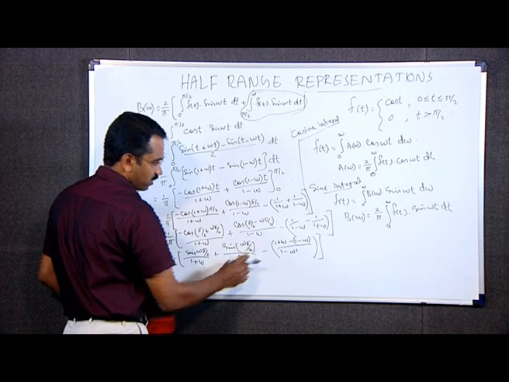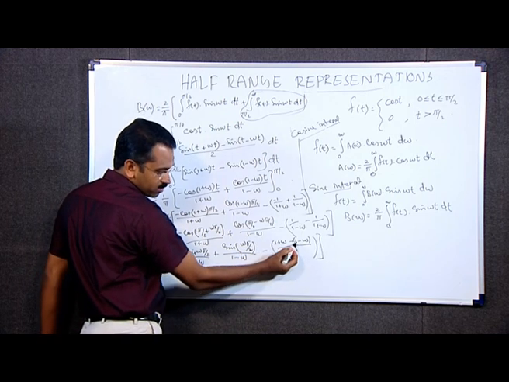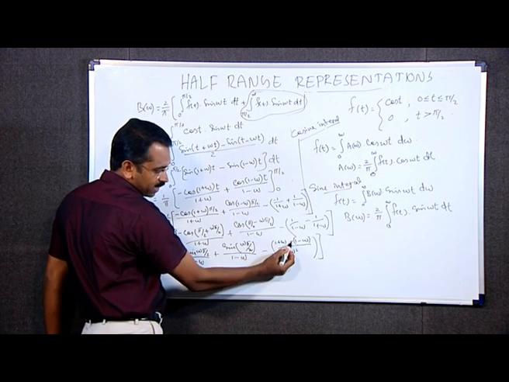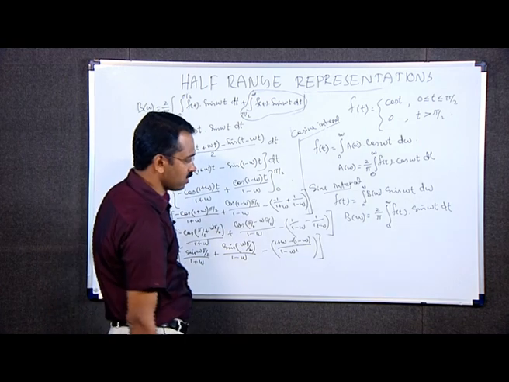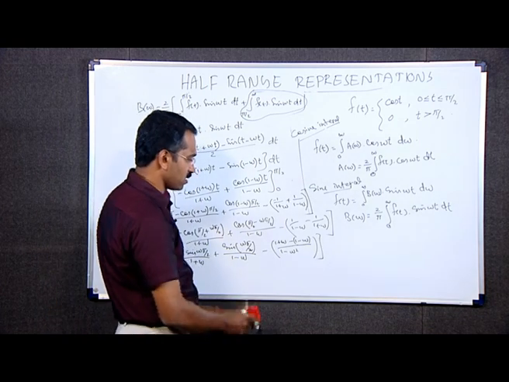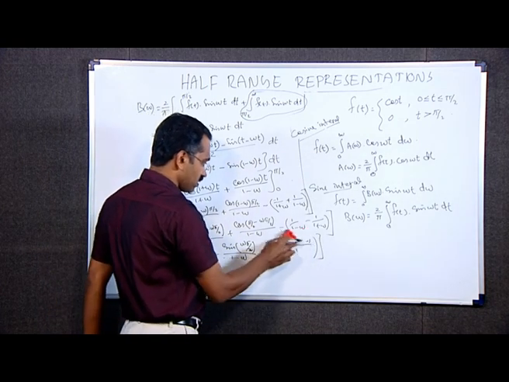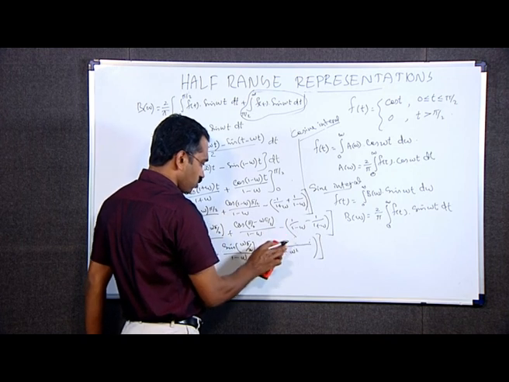That is, 1 minus 1 is 0. Omega minus minus omega means omega plus omega, that is 2 omega. In the numerator it is 2 omega.